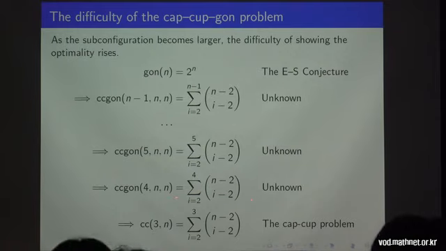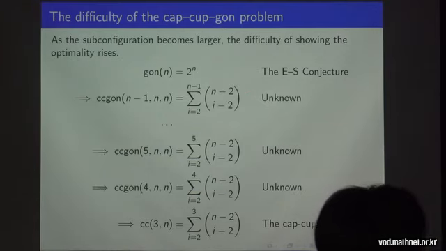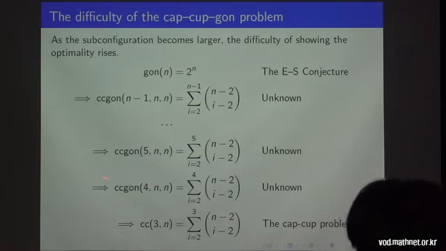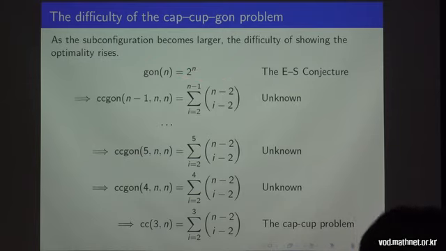If we can find a counterexample for this one, we find a counterexample for the Erdős-Szekeres conjecture. If we could prove that this is true, this will be kind of indirect evidence for how the Erdős-Szekeres conjecture will be true.